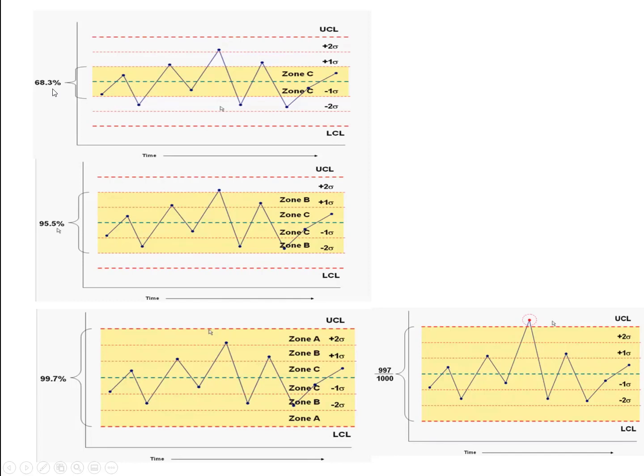So 68.3% means 683 out of 1000. So 683 are in the acceptable range, and the remaining, 1000 minus 683, will be outside the range. So you can see it's still within the upper control limit and lower control limit, but it does not meet this. These 2 points are outside of plus or minus 1 sigma.